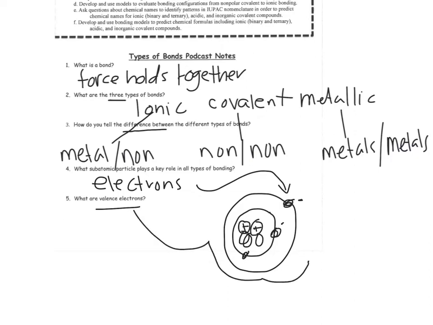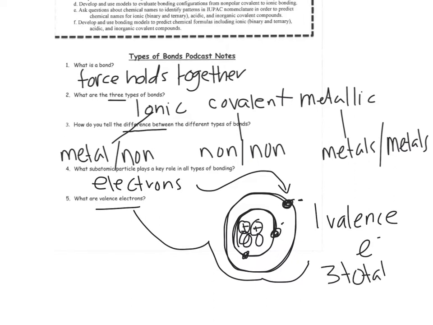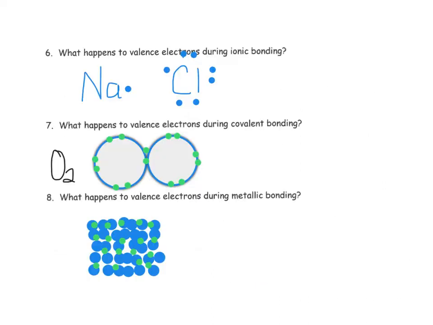So when I'm looking at this atom right here, I have an inner shell that has 2 electrons, and I have this outer shell which only has 1. So this atom has 1 valence electron. It has 1 bonding electron. It has 3 total electrons.